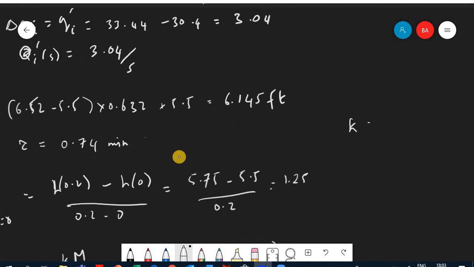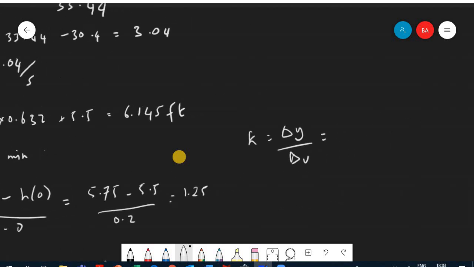K is the change of the output over the change of the input. The change of output is 6.52 minus 5.5, over the change of the input, which is 33.44 minus 30.4, and the answer is going to be 0.336.